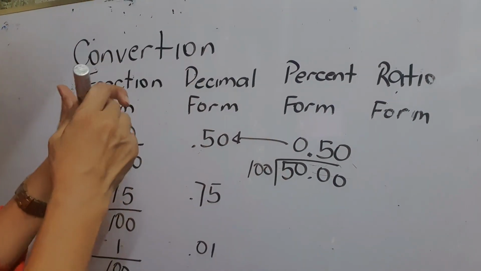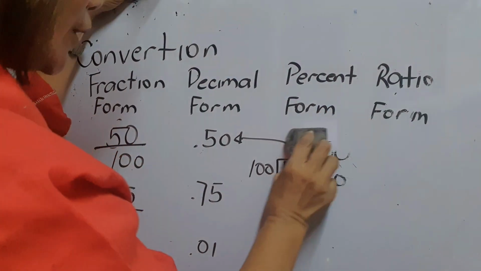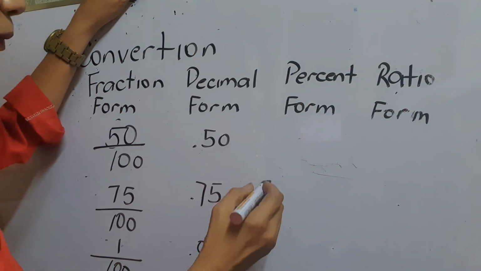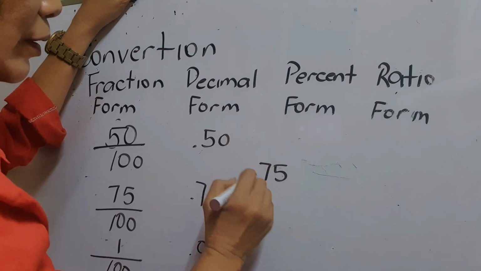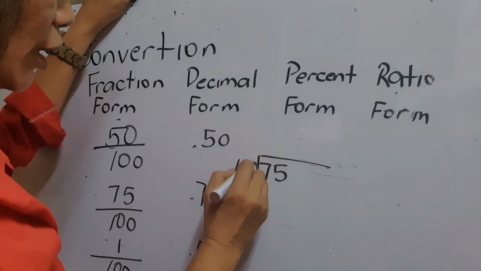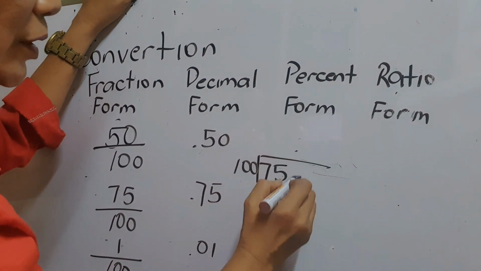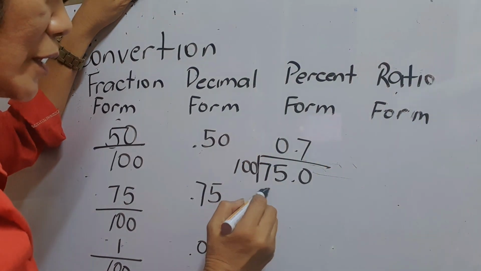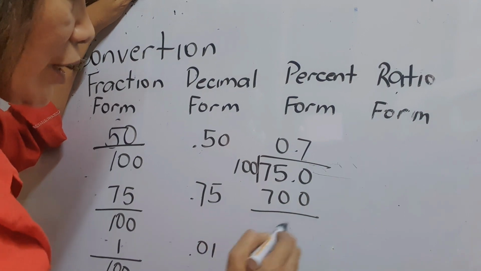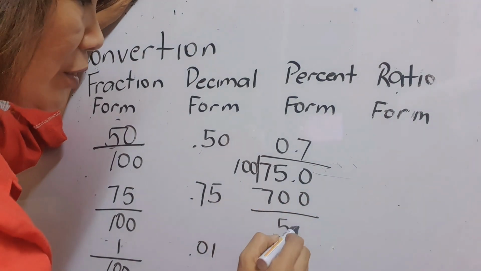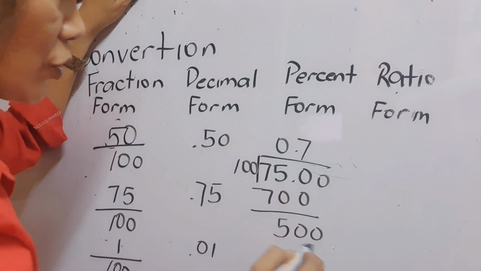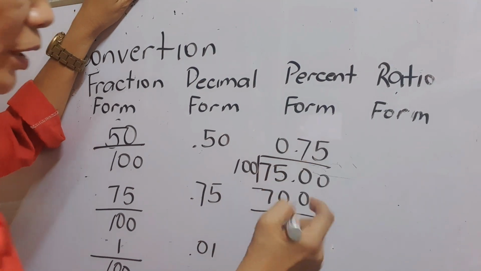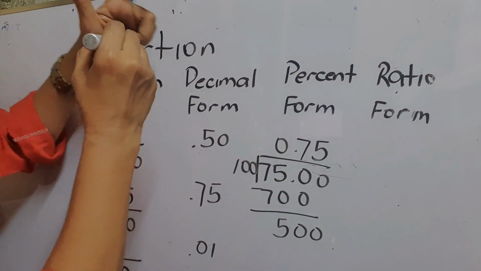Now here, ganun din. And then here we have 75 divided by 100. Point sa 75, ilan? Wala. Sa 750 is 7. 7 times 100 is 700. Okay, so we have to add another 0. So sa 500, ilan ang 100? Ayun. So that's it. 0.75.